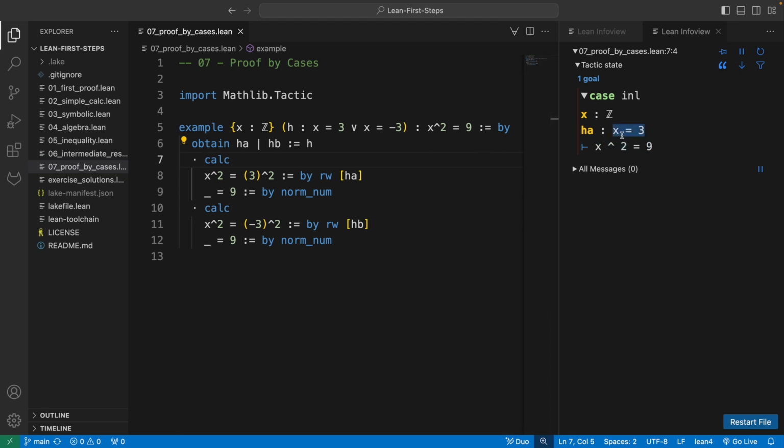So here the current case is x equals 3, not x equals minus 3. So that's a useful skill actually, to be able to check which part of the proof, or which way around the subproofs you're working on, just by checking in the Infoview.